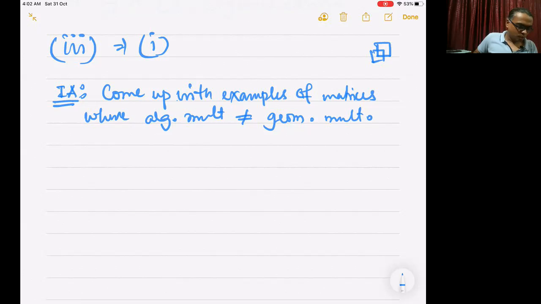Okay, then. So with this problem in mind, we will now see in more detail the situation when the matrix is not going to be diagonalizable. We'll see what else we can do. If the matrix is not diagonalizable, then what is it that we can do?